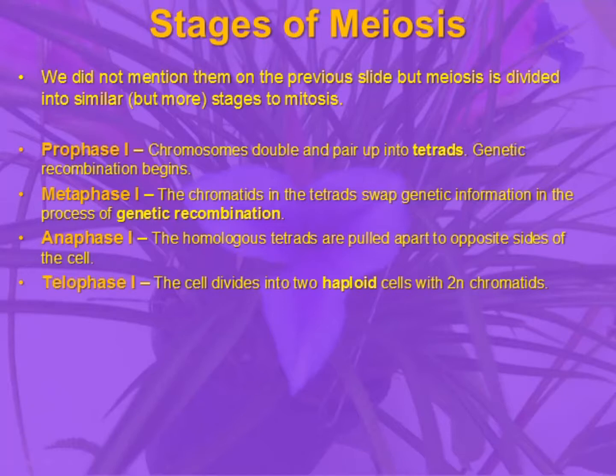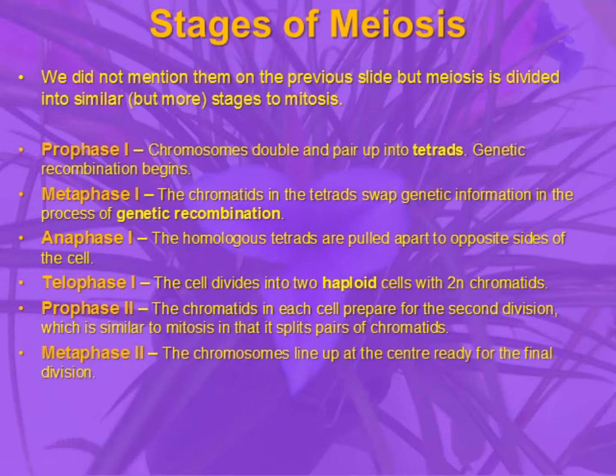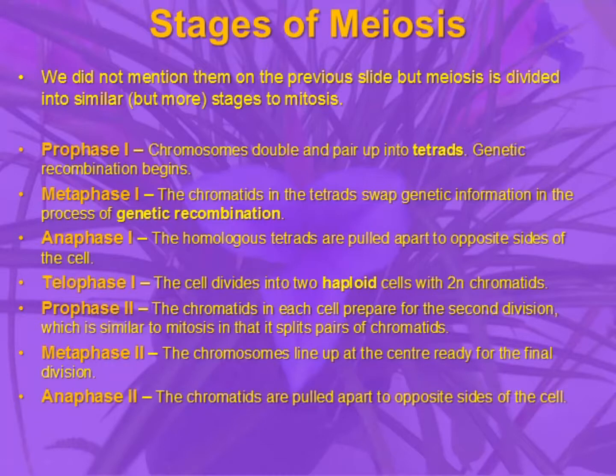So these are called haploid cells because they only have N chromosomes, but at this point all of those chromosomes are doubled into 2 chromatids. And then we start with prophase 2, and at this point the chromatids prepare for the second division. They prepare to be divided into chromosomes again. Metaphase 2 is when the chromosomes line up at the center of the cell ready for this final division.